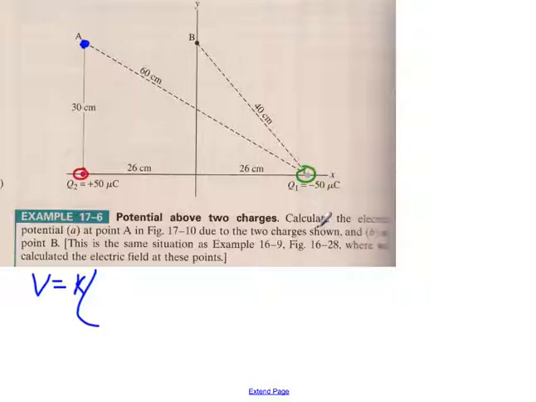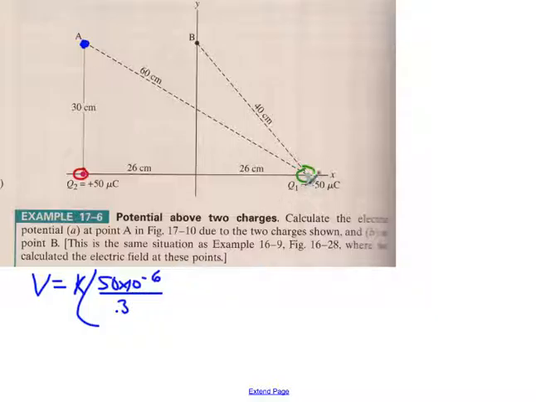So this guy was KQ over R. So K and Q is 50 microcoulombs over R. Let's see, that's 30 centimeters, so 0.3. Remember, this is not like Coulomb's law where it's an inverse squared law. It's just an inverse law, no squared right there.